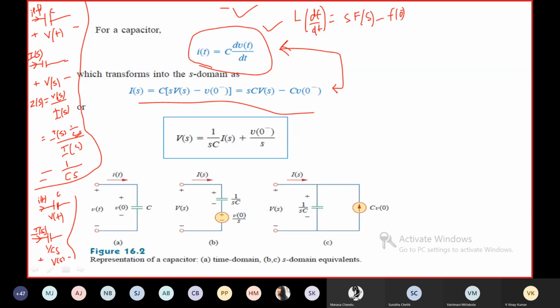So from this time differentiation property, we can write I of t is equal to C dv of t by dt.